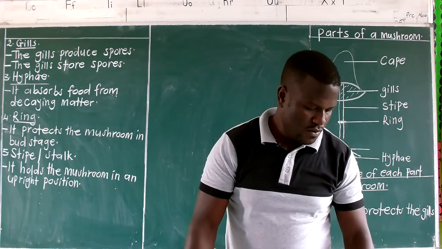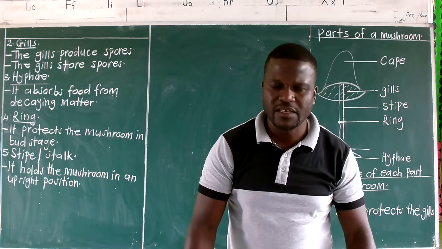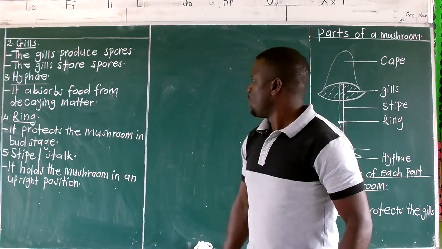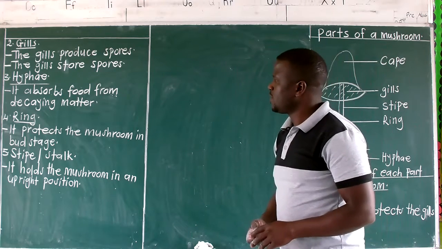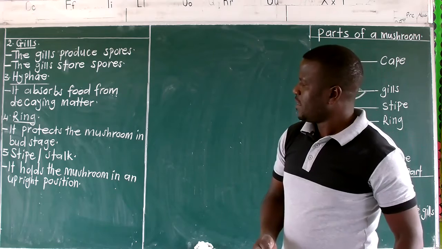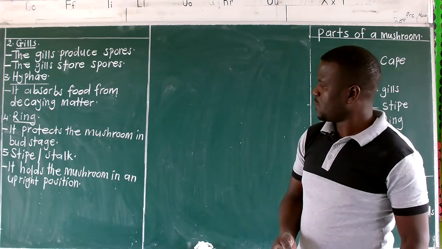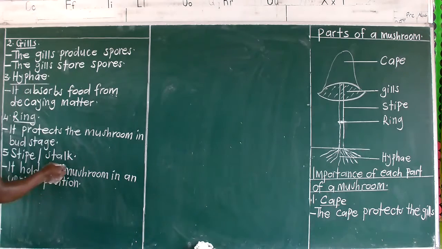So that's how each part is important to a mushroom. We said the gills produce and store spores. Hypha absorb food from decaying matter. Then the ring protects the mushroom, and the stick or stalk holds the mushroom in an upright position.